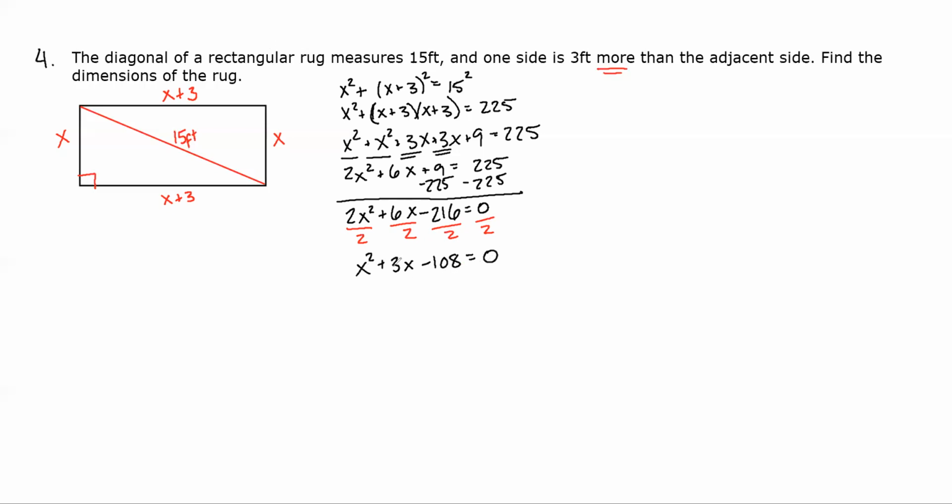Now, before we go to the quadratic formula, let's try factoring this. So we want to multiply to negative 108 and add up to 3. So we need two numbers with opposite signs that have a difference of 3. So we're going to have 108 and 1, 54 and 2, still pretty far apart. 3 goes into it.